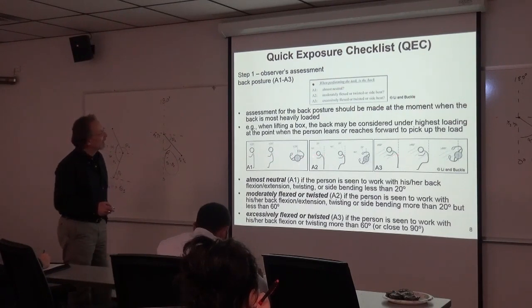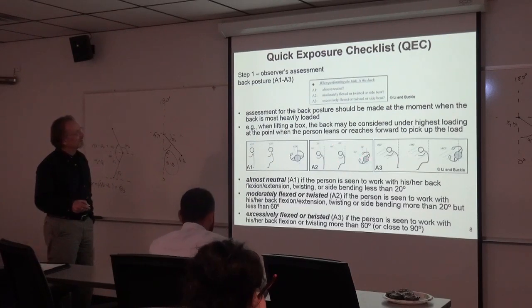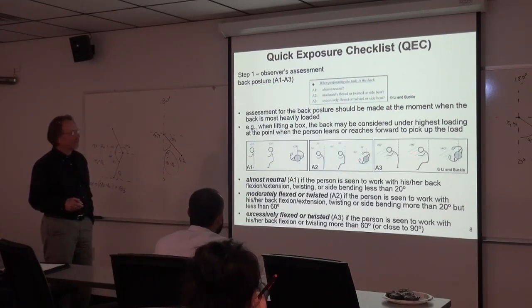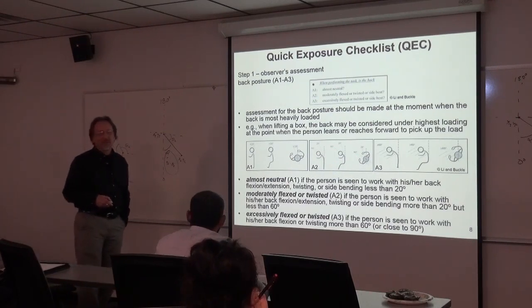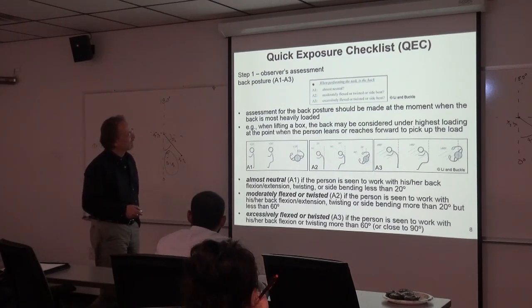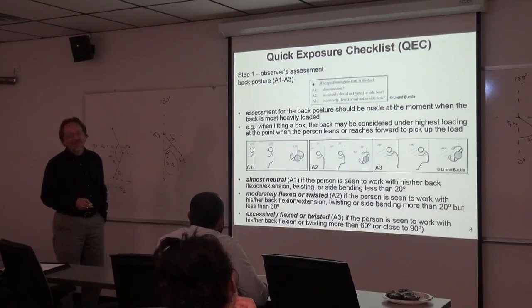And if it fulfills any of these criteria for moderate or excessive, then you give it the appropriate score, A1, A2, or A3. Okay? And there are degrees associated with it, and it's typically not done from a video. Or you could do it from a video, but most of the time it's just the observer's guess.